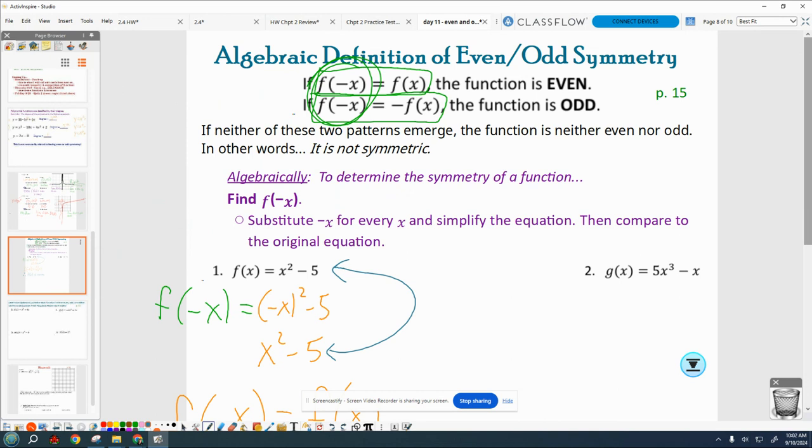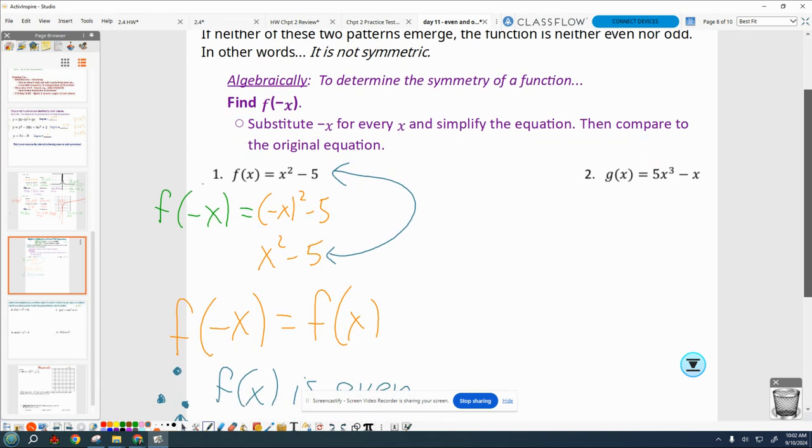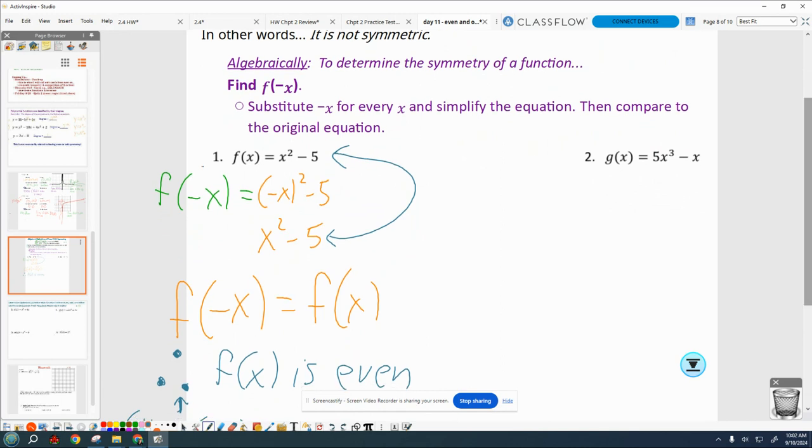Okay. Leo? Wait, how did you get rid of the -5? Like, how did you go from x squared minus 5 to the final? Okay, so f of negative x, in both tests for even or odd, I need to put in a negative x. So instead of x, I'm putting in a negative x.